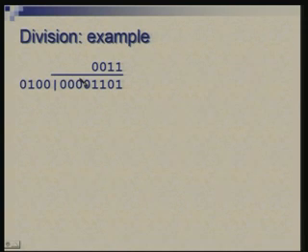Naturally this division would be carried out as a set of shift and subtract operations. Initially we see if this divider can be placed in this position here, and we can subtract. We examine this position, because this will correspond to a bit in the LSB position for the quotient.